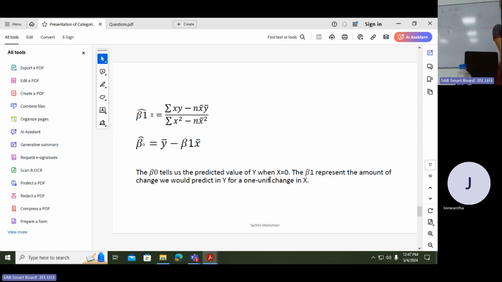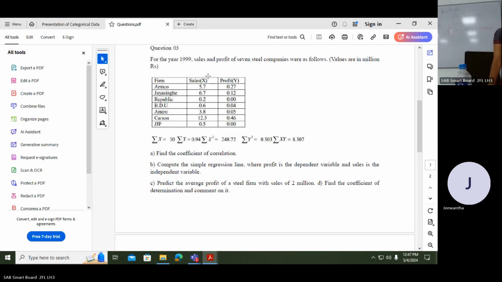Beta naught is the intercept. X is our independent one, y is our dependent one. In here, sales is the independent one. Based on the sales, we can identify our profit. Profit is the dependent one. Then how to interpret this beta naught value?